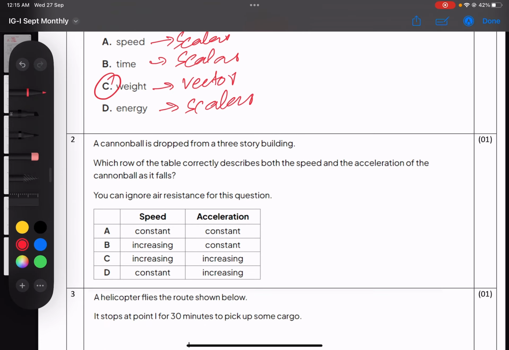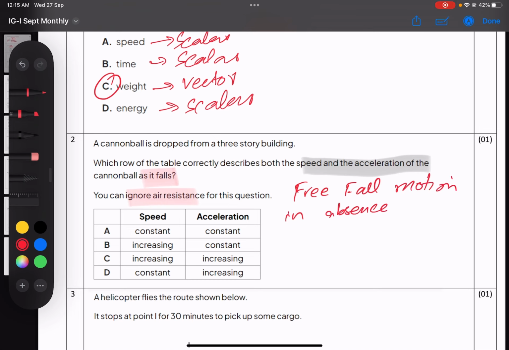In the second question, a cannonball is dropped from a 3-story building. Which row of the table correctly describes both the speed and acceleration of the cannonball as it falls? And you have to ignore the air resistance. So it's a free fall motion in absence of air resistance.